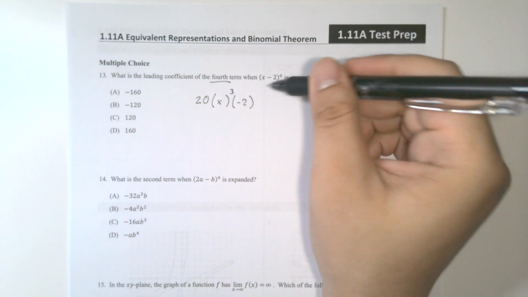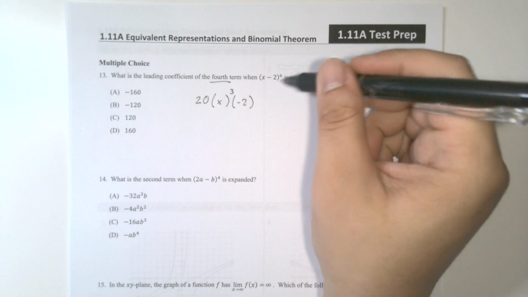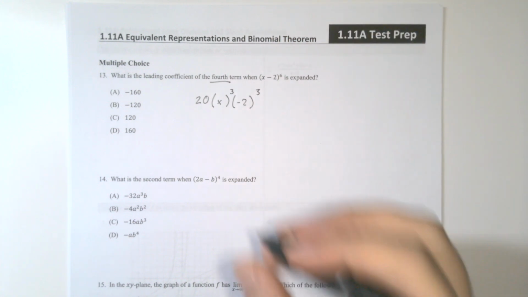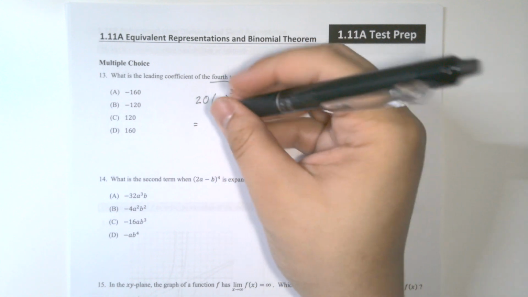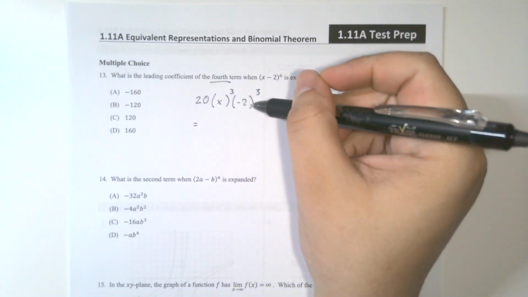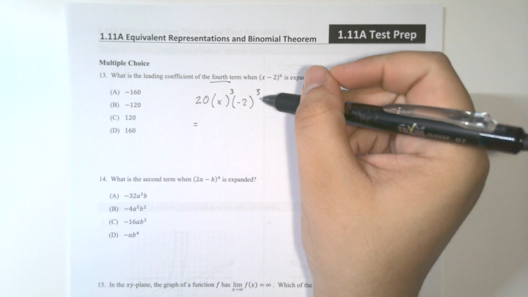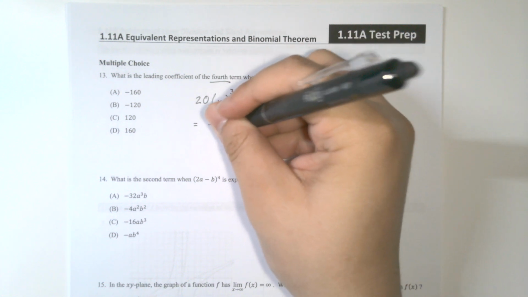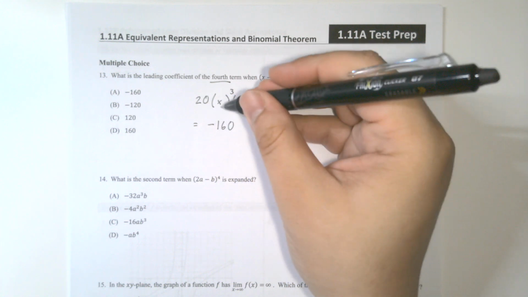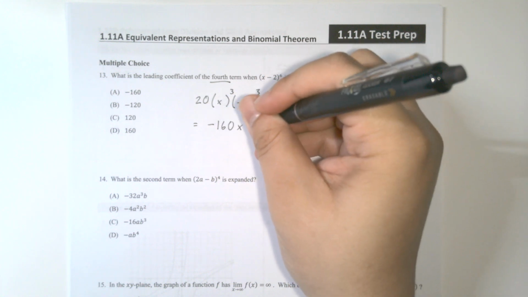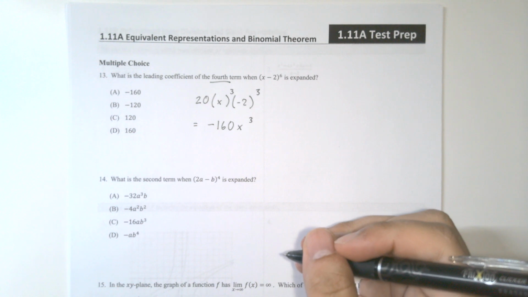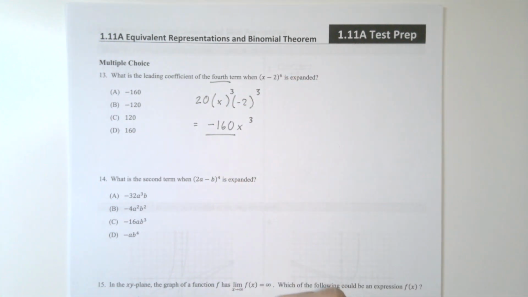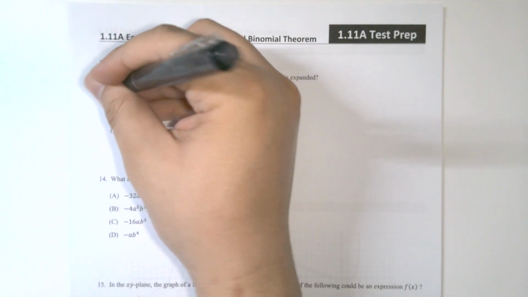And so the other number here, 3 plus what gives us 6? That's also going to be a 3. And when we calculate this out, this is going to be negative 2 to the third power, which is negative 8. And negative 8 times 20 is negative 160. And then we have our x cubed. And when it's asking for the leading coefficient of the fourth term, that's just this number right here, the negative 160. And so our answer is A.